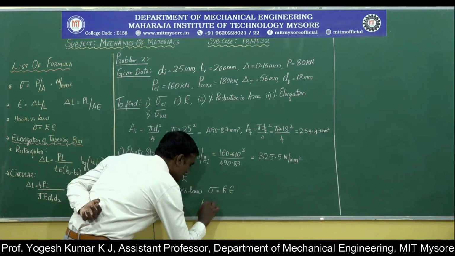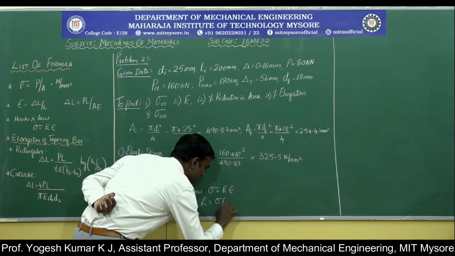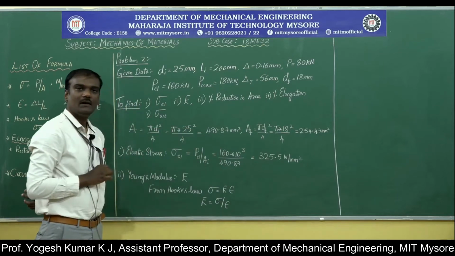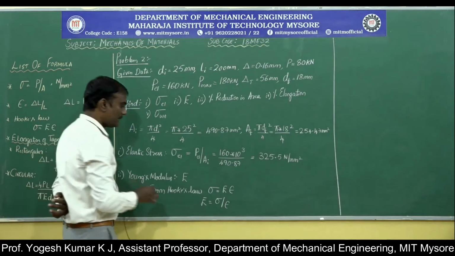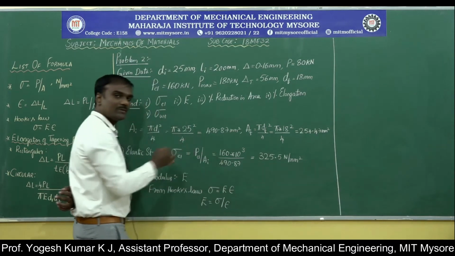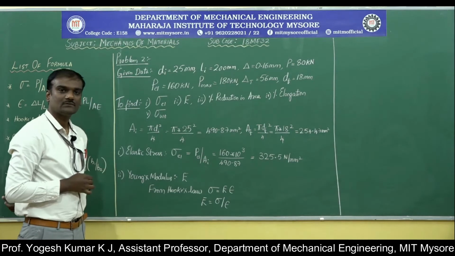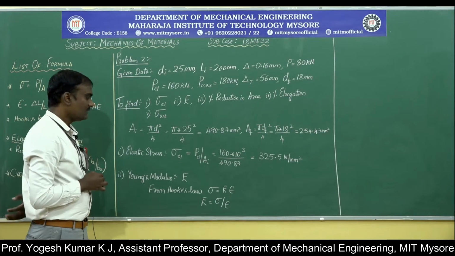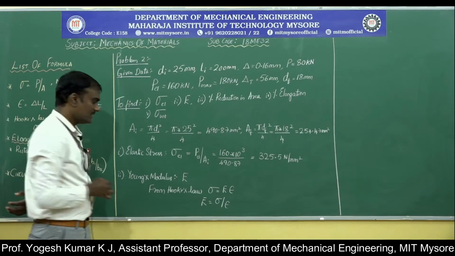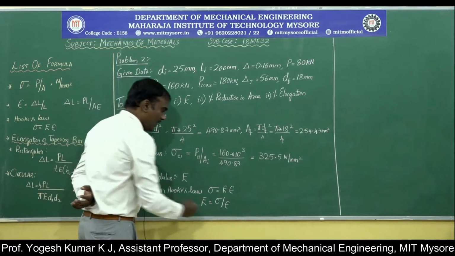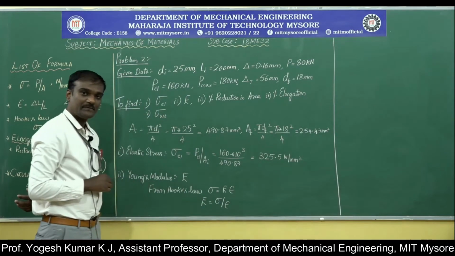I can rearrange this equation to get the value of E, that is sigma by epsilon. Now a problem arises: what should be the value of this sigma and of this epsilon, that is, the stress and the strain? Should it be the stress at elastic limit or the strain at elastic limit?